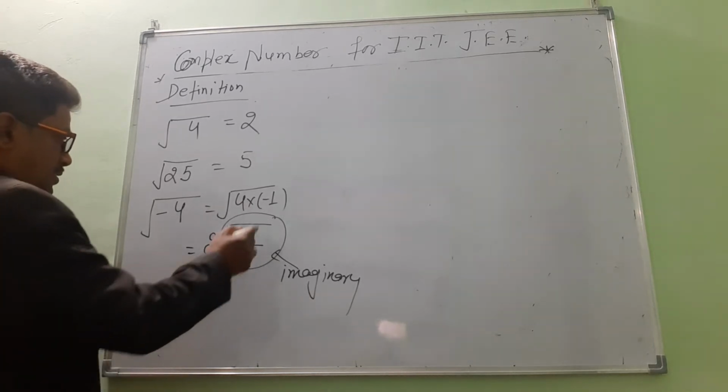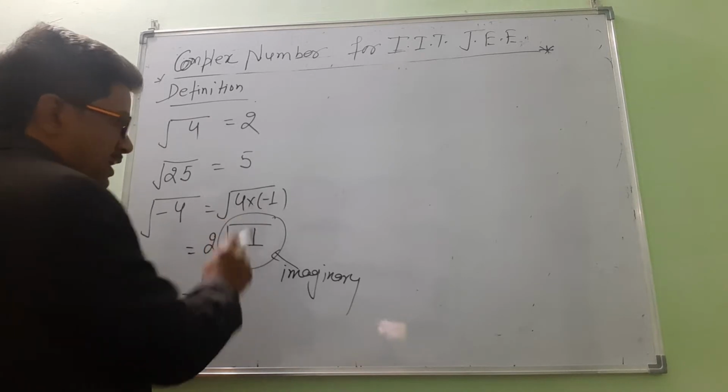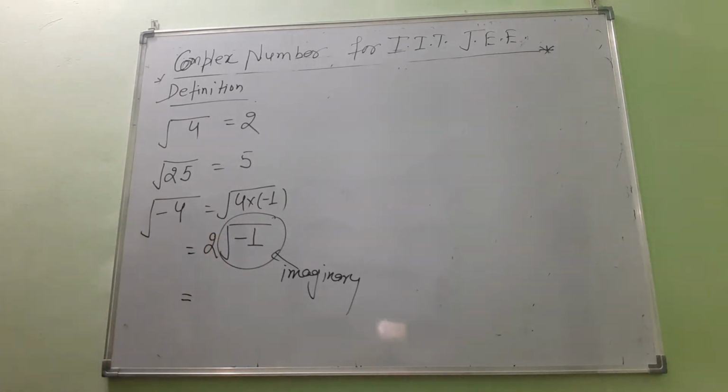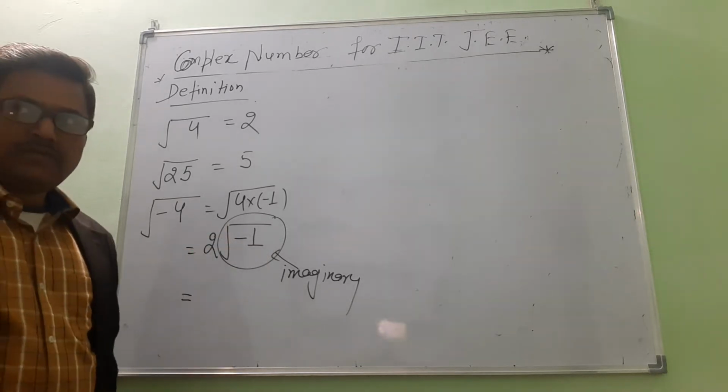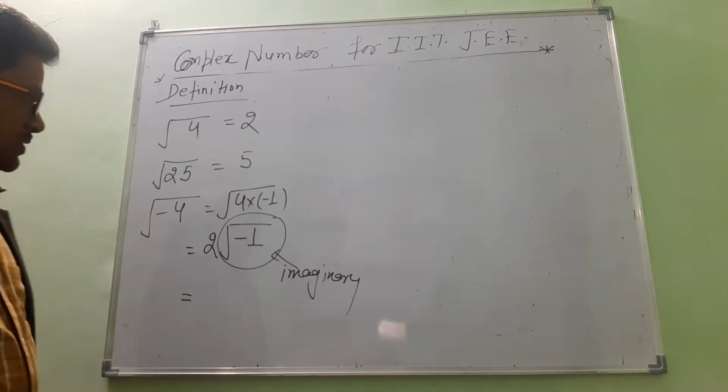So this is very large, root minus 1. We don't want to write such large root minus 1 all the time. So what will we do?